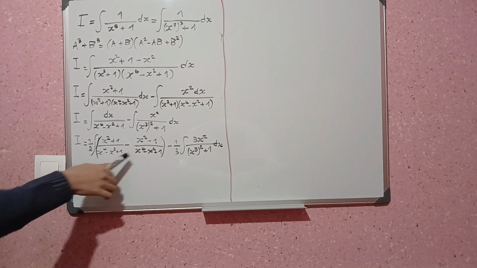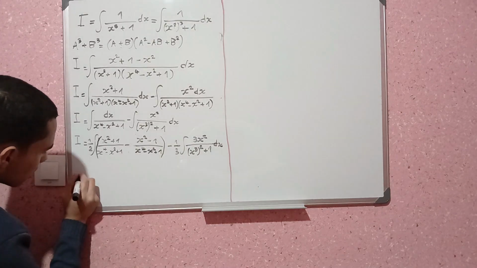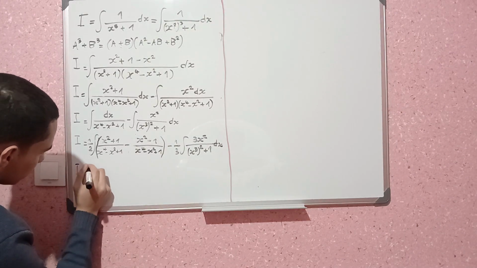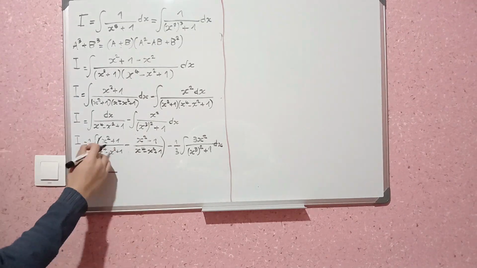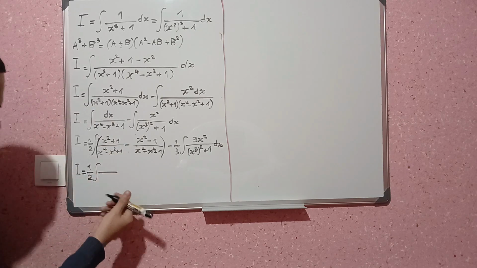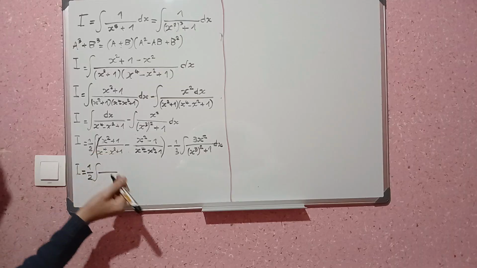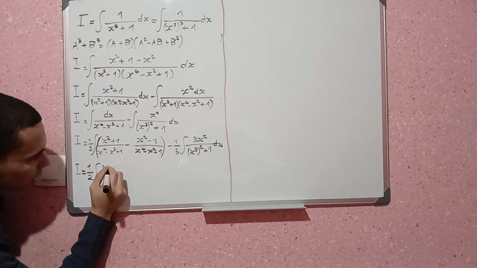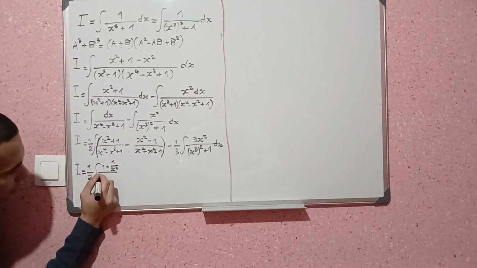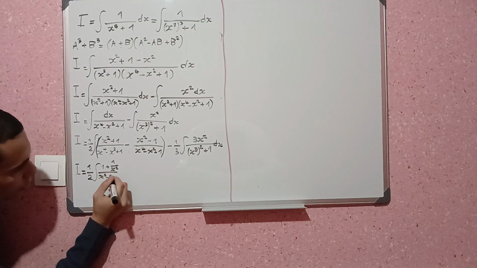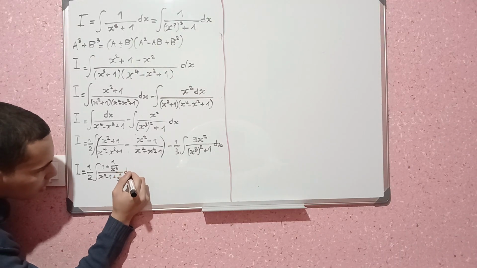The second step for this part is to divide everybody by x squared. So you get I equals 1/2 of the integral. Actually we have two integrals because we can divide the integral. We divide everybody by x squared, so we get 1 plus 1 over x squared, and this part will be x squared minus 1 plus 1 over x squared, like that.